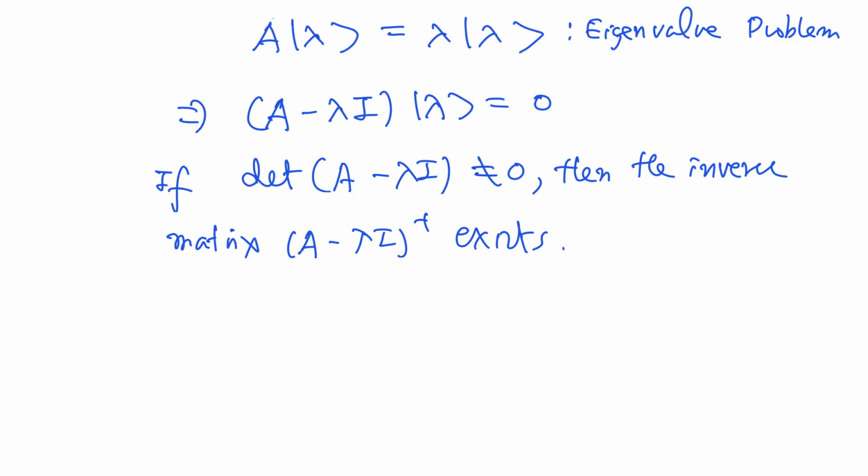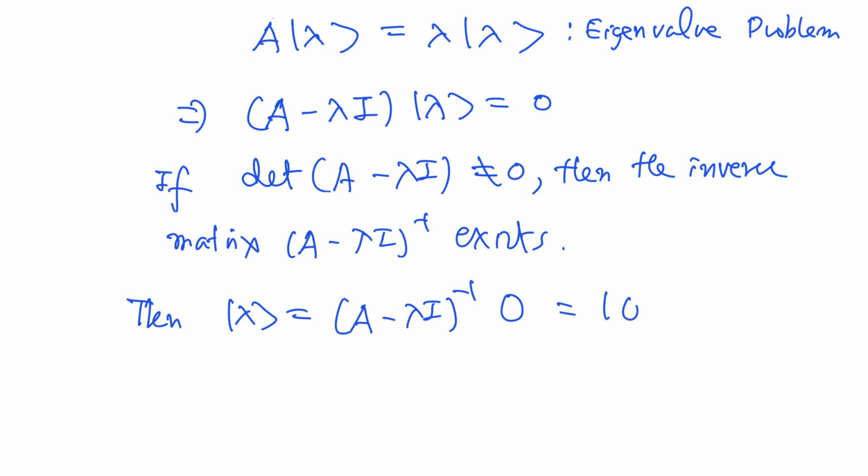If the inverse matrix exists, what happens? We can find |λ⟩, right? Then |λ⟩ is (A − λI)⁻¹ times 0, which is 0.